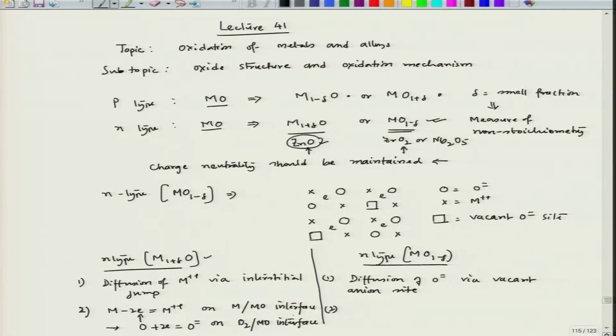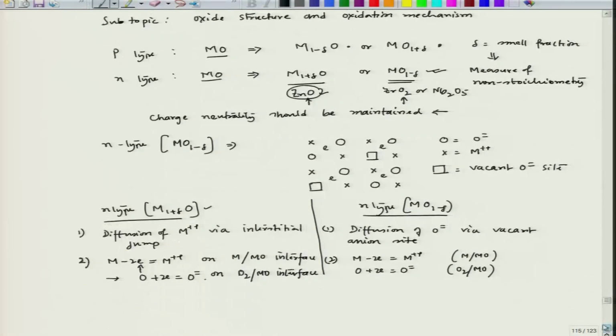So, these two reactions happen: this is the anodic reaction, this is the cathodic reaction, and they happen on the two interfaces. Here also this remains the same: metal minus 2 electrons goes to M2+, and this happens on the metal–metal oxide interface, whereas oxygen plus 2 electrons goes to O2- on the oxygen–metal oxide interface.